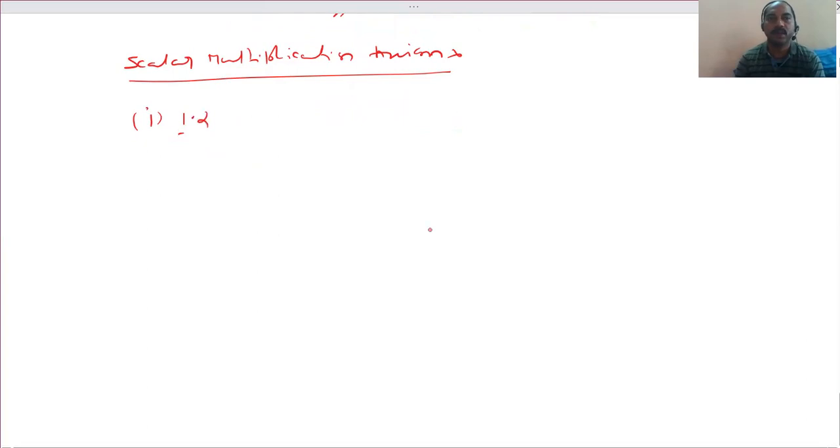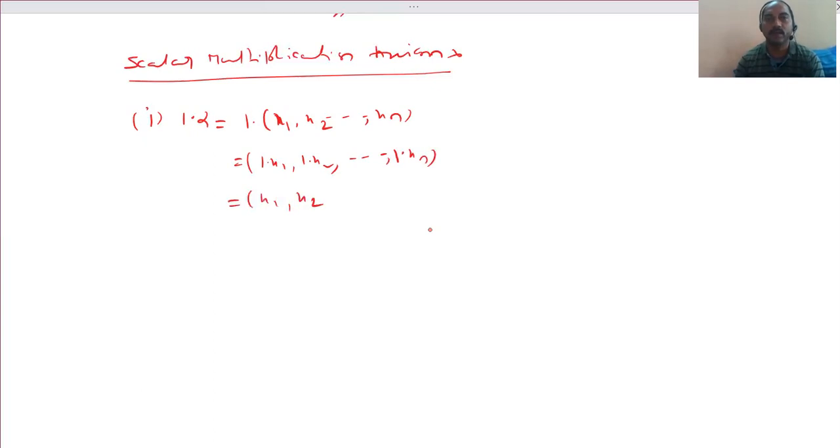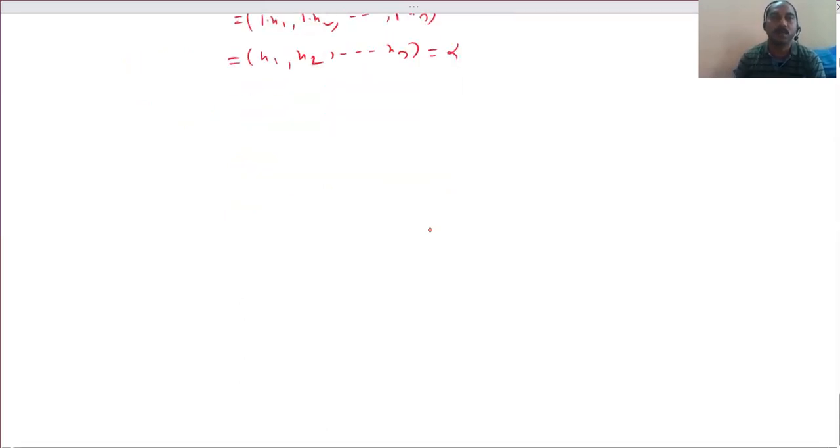We want to show that 1 into alpha equal to alpha. 1 into alpha means 1 times the vector x1, x2, and so on, xn. 1 is a scalar, in place of c we have 1. As per the hypothesis, this value is nothing but 1 into x1, 1 into x2, and so on, 1 into xn. 1 into x1 is nothing but x1, because 1 is the multiplicative identity in the field. So this is once again nothing but alpha. So one of the properties of scalar multiplication is over.